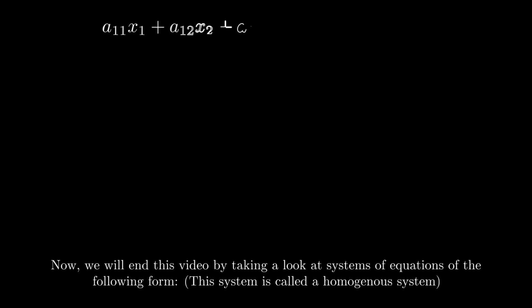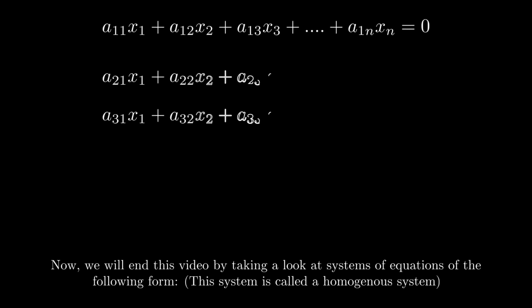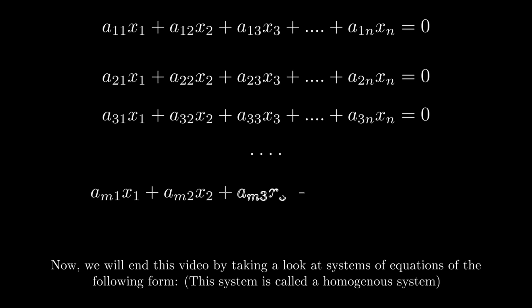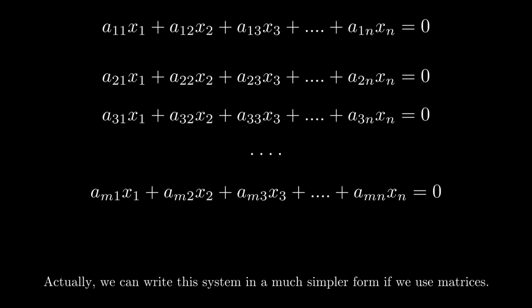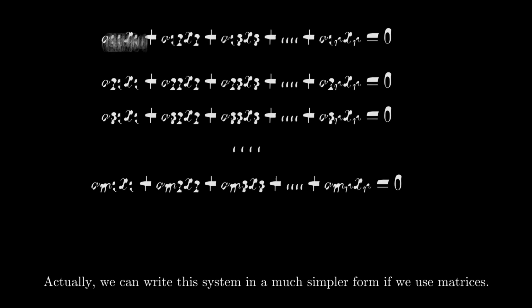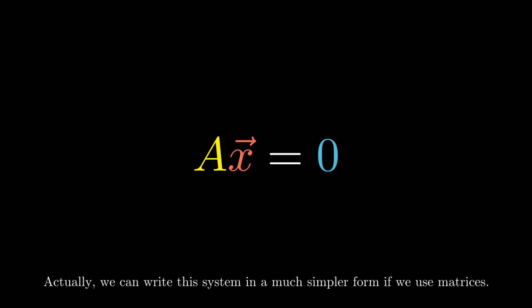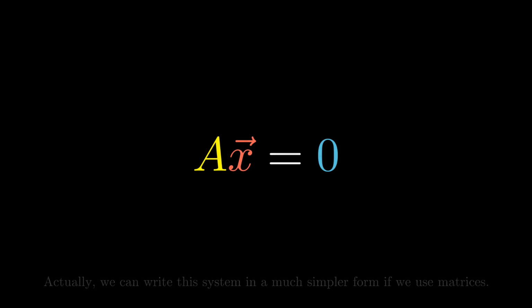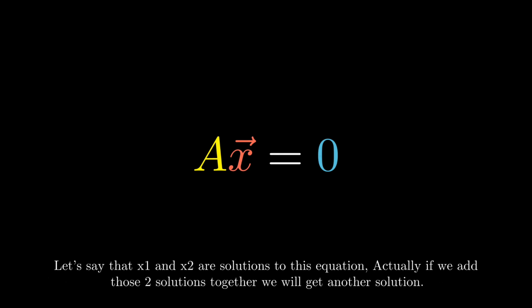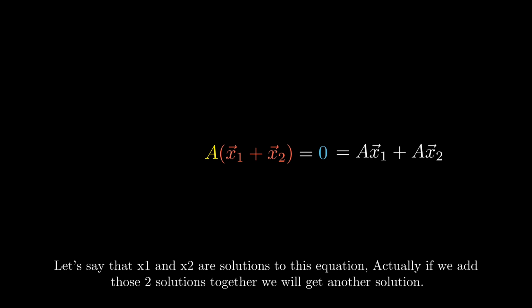Now, we will end this video by taking a look at systems of equations of the following form. Actually, we can write this system in a much simpler form if we use matrices. Let's say that x1 and x2 are solutions to this equation. Actually, if we add those two solutions together, we will get another solution.